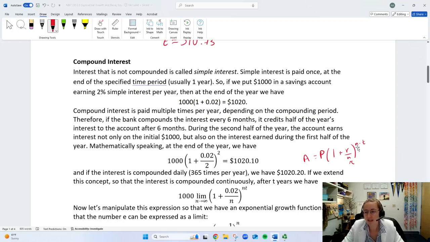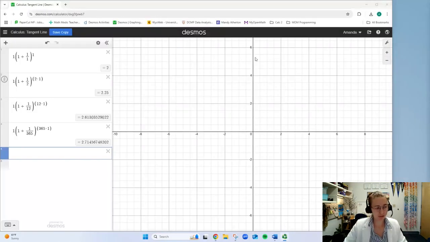I actually want to look at what is happening to a function if I just say, like, I invest $100 into an account that is earning 100% APR. I want to see what happens when we invest, let's just say $1 to make it easy, at 100% APR for 1 year. So what I have here is it compounding more and more often.